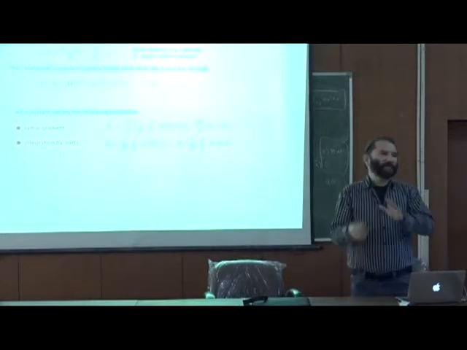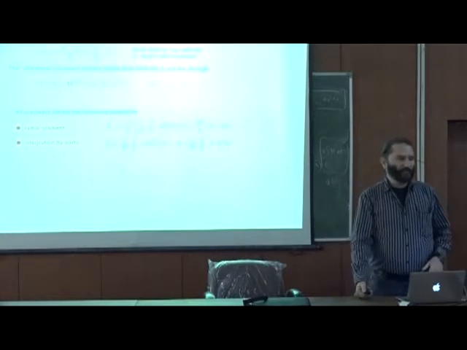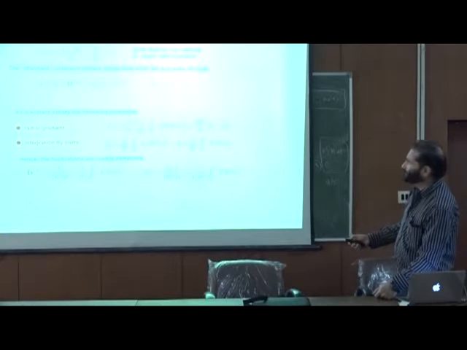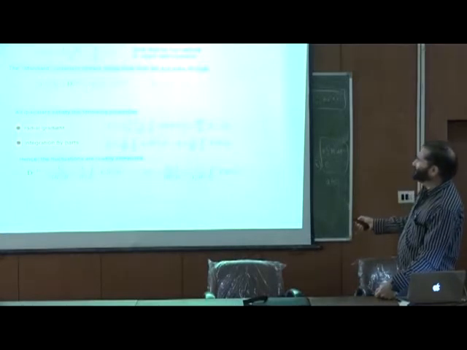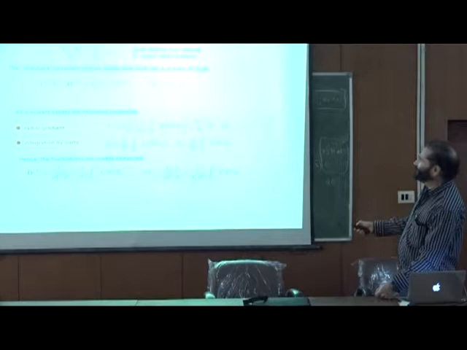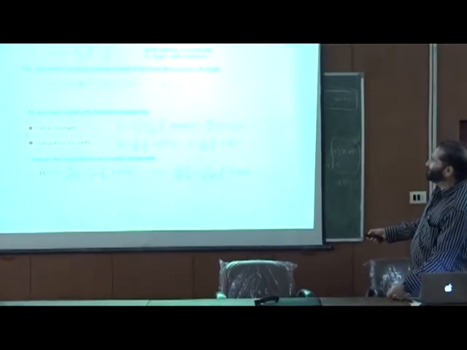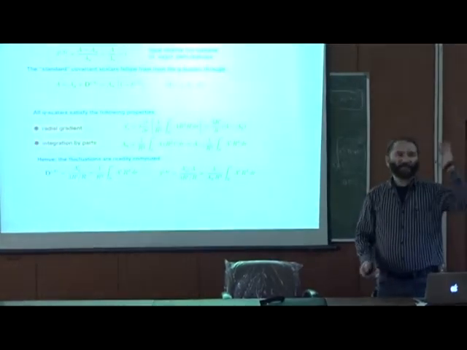Both are available, depending on the problem. Now, this fellow here is the fluctuation, so we simply divide this by this, or we use this integral. So here we have a direct formula to compute the fluctuations.